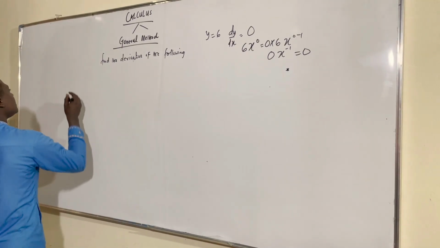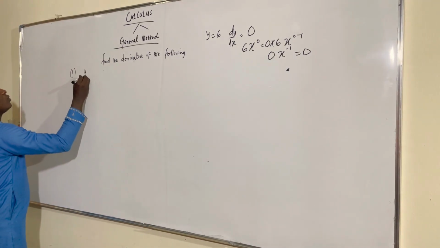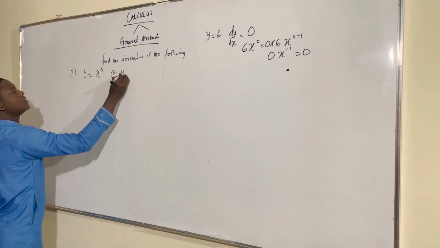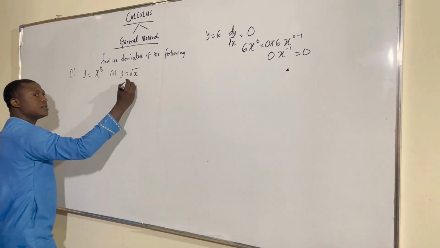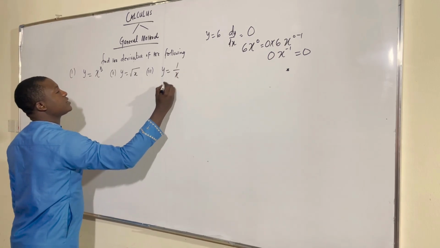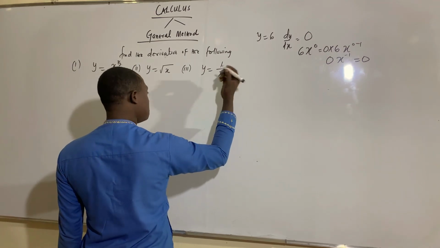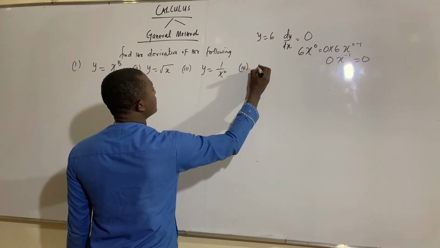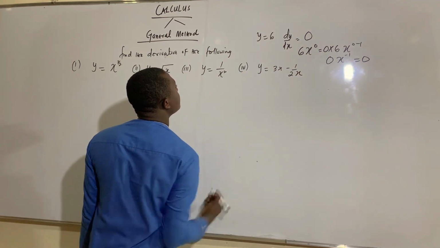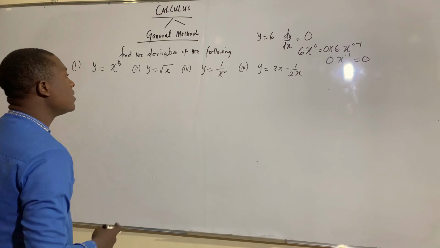The first one, they said y is equal to x raised to the power of 3 over 2. The second one, y is equal to root x. The third one, y is equal to 1 over x squared. The next one, they said y is equal to (3x minus 1) over 2x. So let's see all these problems one after the other.